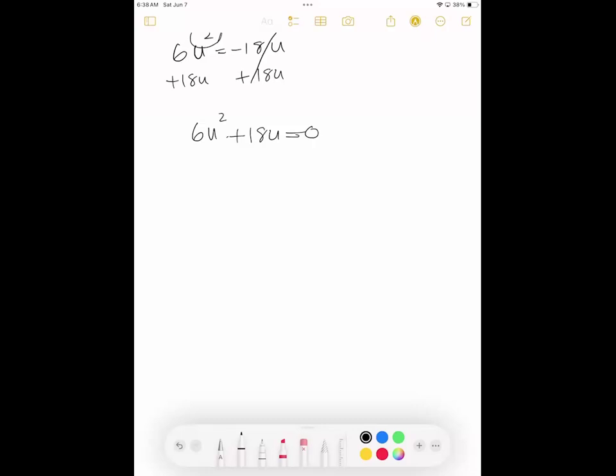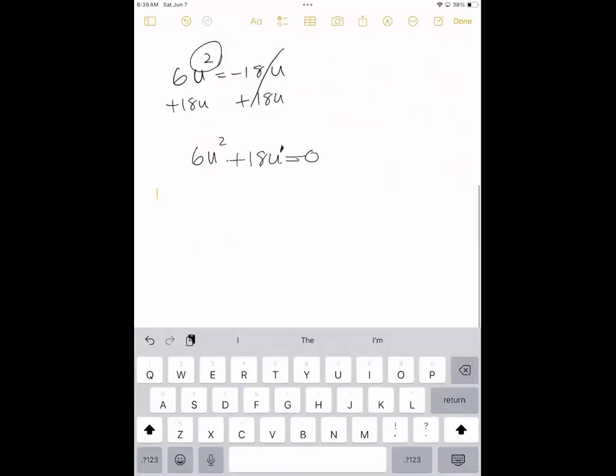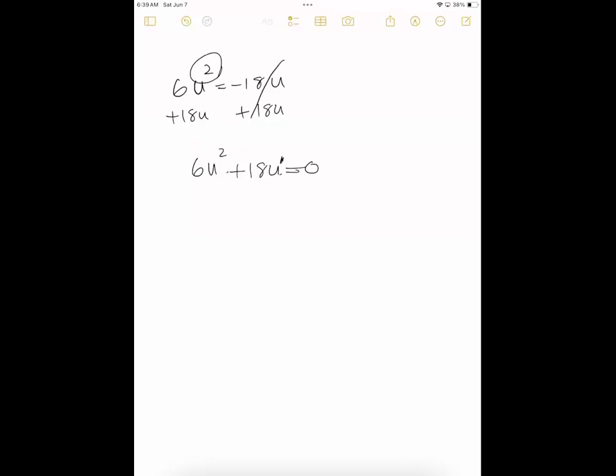So right now, I need to do greatest common factor, because that's the first thing you should look for. Do I have a greatest common factor? You have u to the power 1 as a common factor, and both terms have a 6 as a common factor. 18 is 6 times 3 times u, and this is 6 times u times u. So they both have this 6u as a common factor.